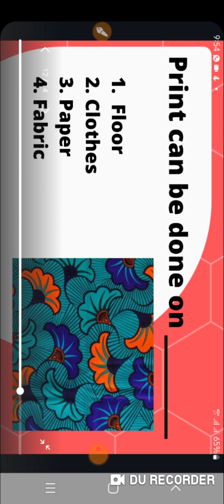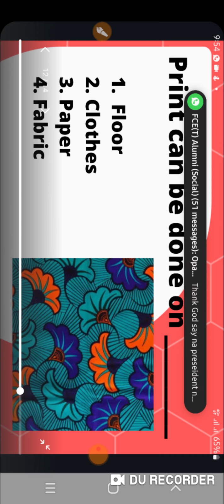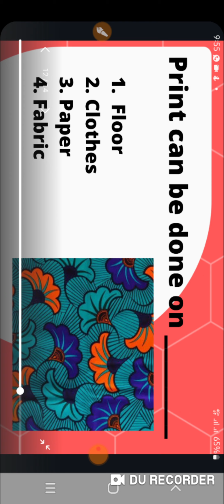Then you piece it together. So you have seen motif before on the floor, like those kind of rocks. So you have not seen it.